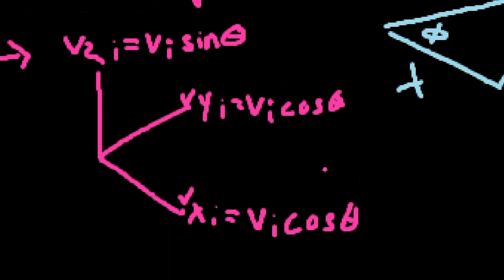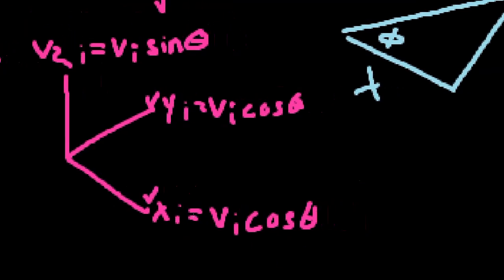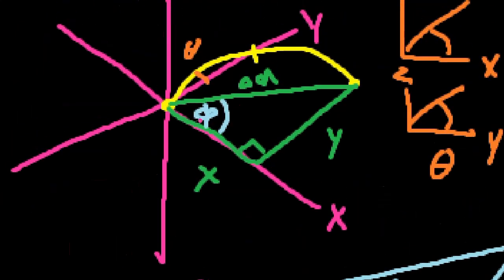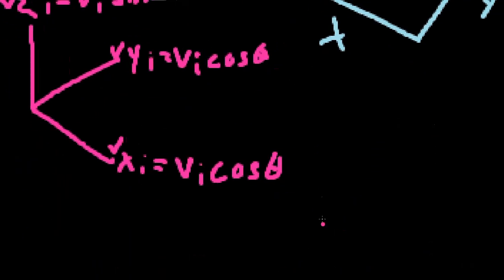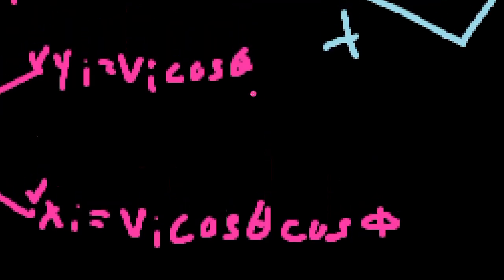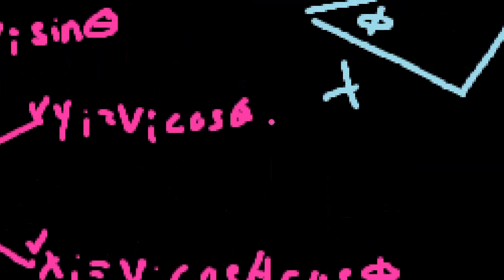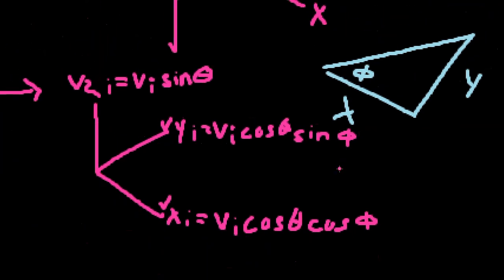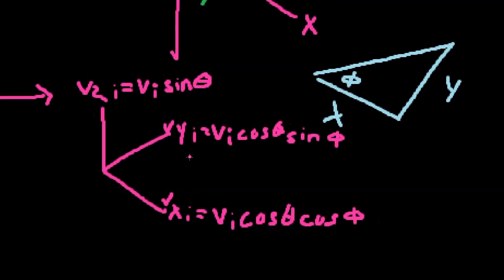As you remember earlier, we are measuring phi based on the measurements in the x and y direction and the displacement. So, we multiply the initial velocity in the x direction by the cosine of phi because it is adjacent, and we multiply the initial velocity in the y direction by the sine of phi because it is opposite to it.